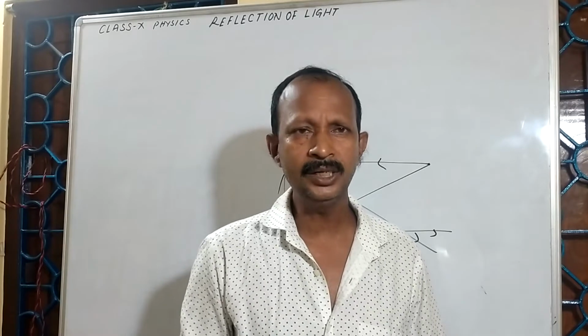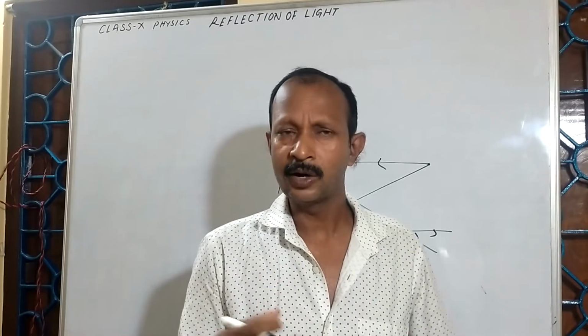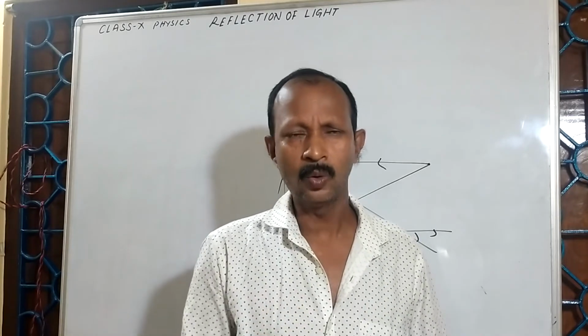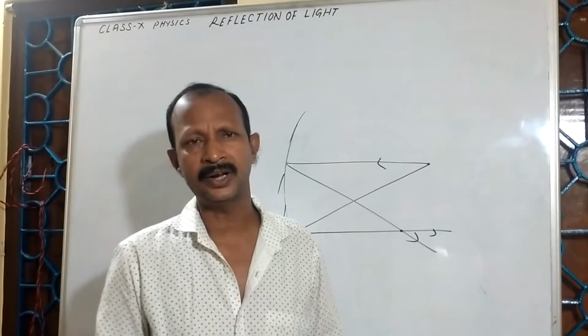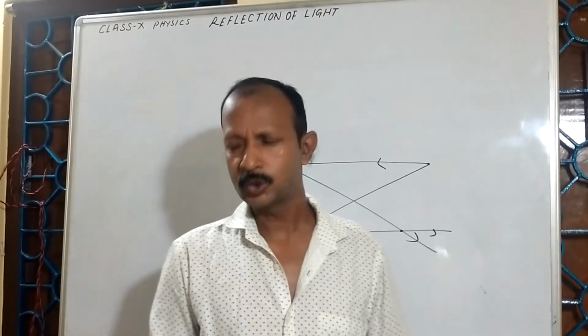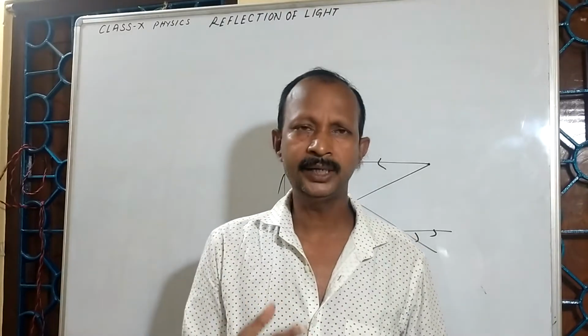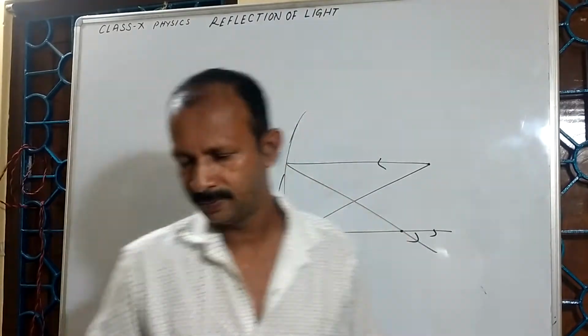Then it will be easy to draw the ray diagram. If you can remember two rules, those rules indicate the behavior of the light rays after reflection by a concave mirror. So at first I would like to explain the rules for getting images.